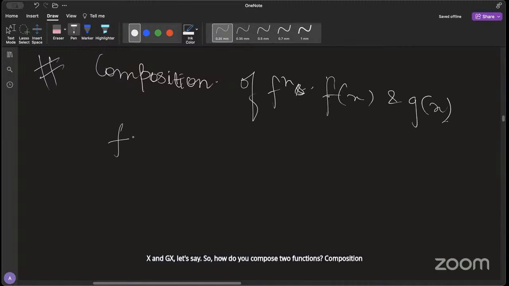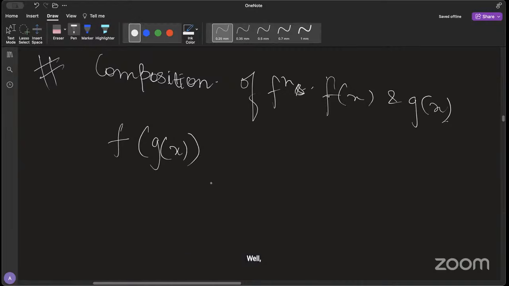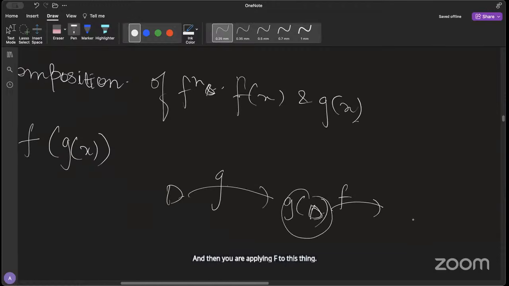These kinds of functions are called composition functions, where first you apply g on x. So you have a value x in some domain D. Then you apply g to this and get g of D, and then you apply f to this. That means f of g of D.